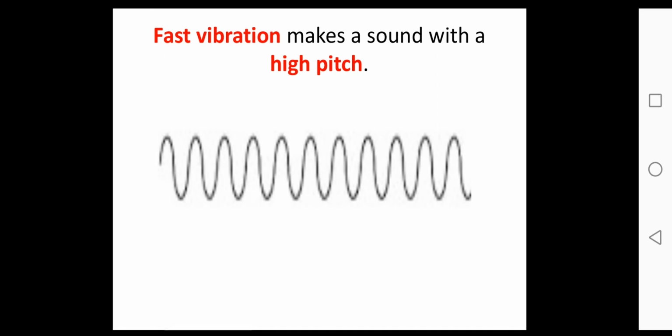Can you see? So if something is making a fast vibration, going back and forth, back and forth really fast, this means that the sound has a high pitch. Okay?